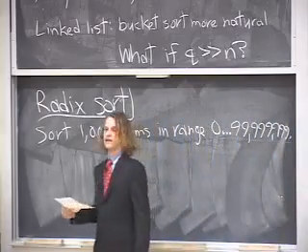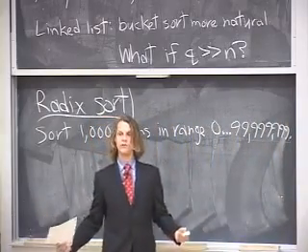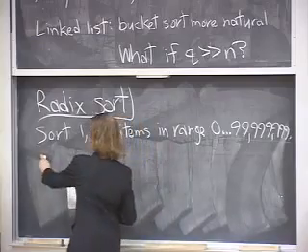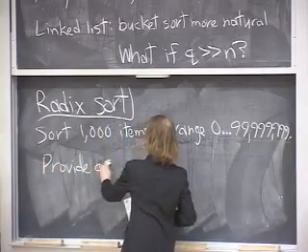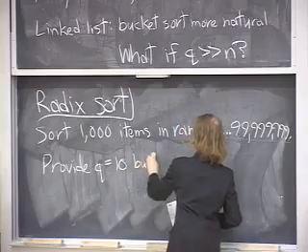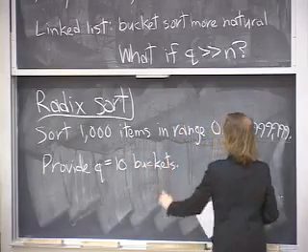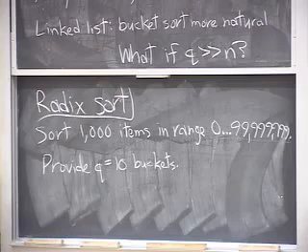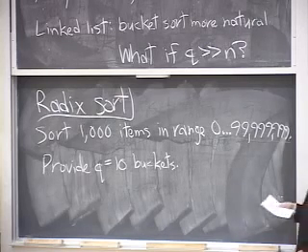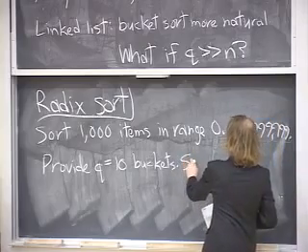So let's try this. Instead of providing 100 million buckets, let's provide 10 buckets. Maybe more, but 10's a good start because it allows us to look at the number as a series of digits, and digits are easy to think about. Now let's start by sorting on the first digit only.